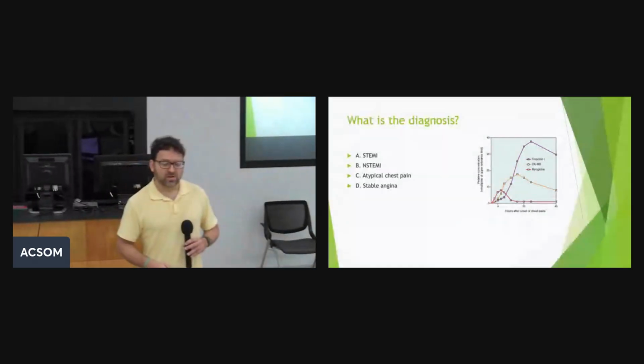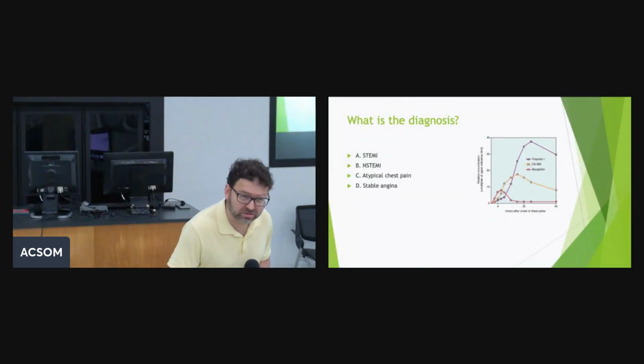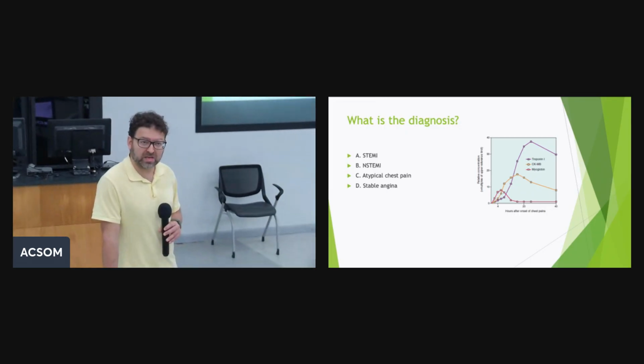One of the limitations of troponins is it takes hours for it to become measurable in the blood. Let me say that again. It takes hours, up to 3 hours. So if someone comes in with chest pain and plaque rupture, for the first 3 hours, EKG and troponin will be normal.